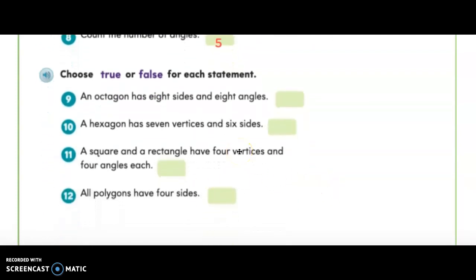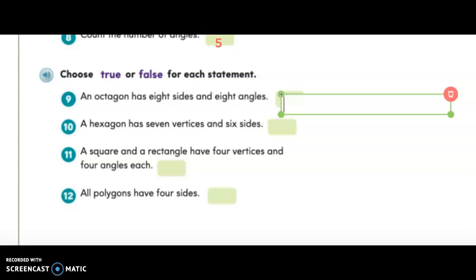So we're going to do a little true and false practice, just thinking about some of the shapes that we looked at. So an octagon, based on what we just did here, it has 8 sides and 8 angles. So try and envision an octagon, and we know it has 8 sides, and if we think about that shape, it does also have 8 angles.